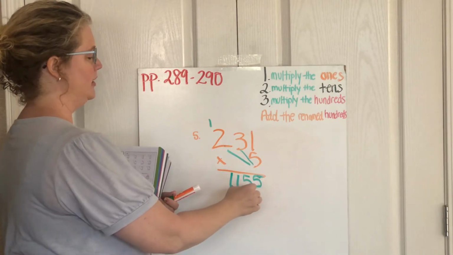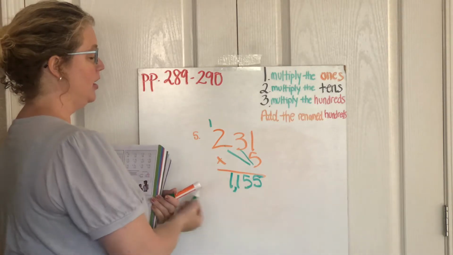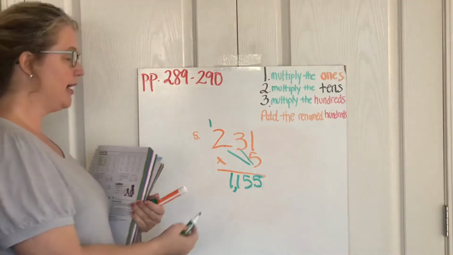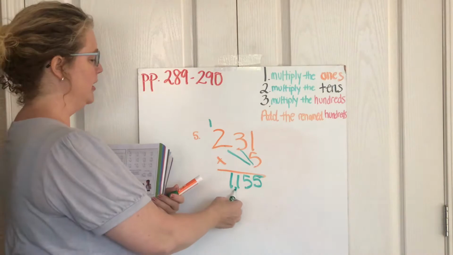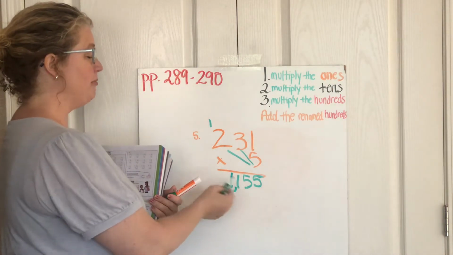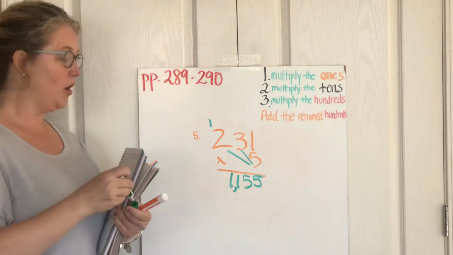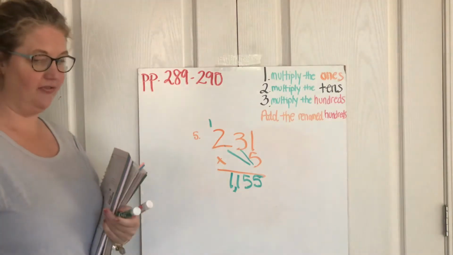Okay, ones, tens, hundreds, thousands. When I'm correcting your math, I want to see that comma in there. I want to see that comma separating the thousands and the hundreds. The product is 1,155.